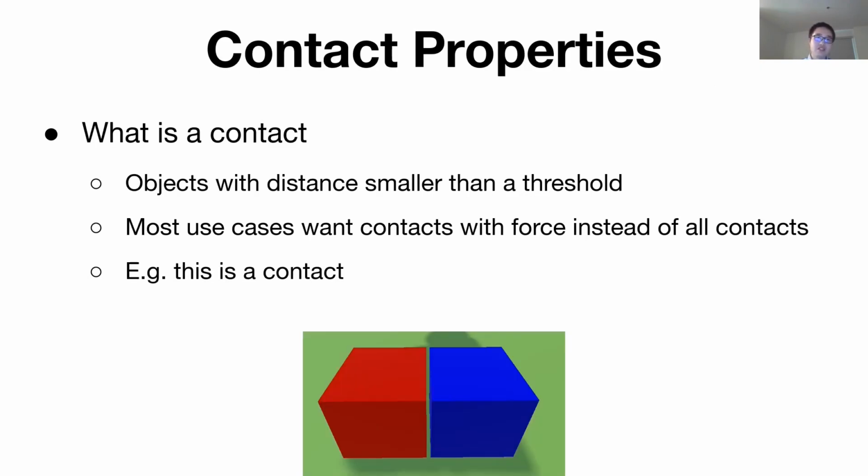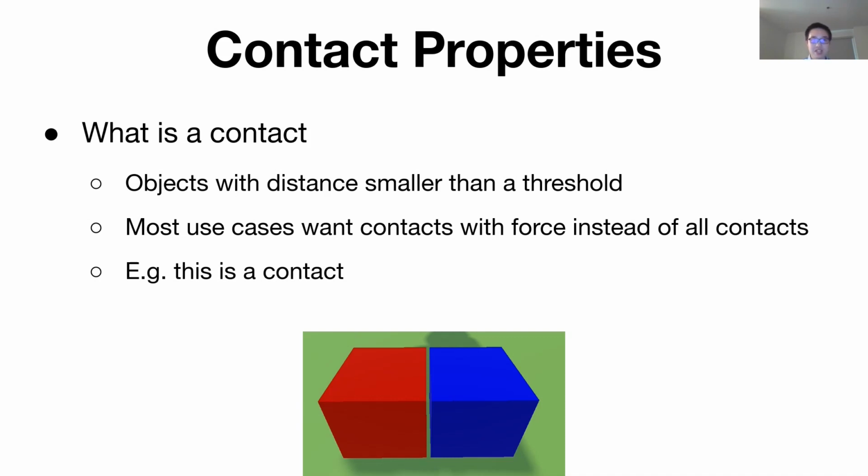Finally, I have some comments on the contact properties. Many people are not clear about the definition of a contact. In a lot of simulators, contacts refer to objects with distance smaller than a threshold. So the objects may not be touching, they're just very close. And for those scenarios, the simulator would already call them a contact.